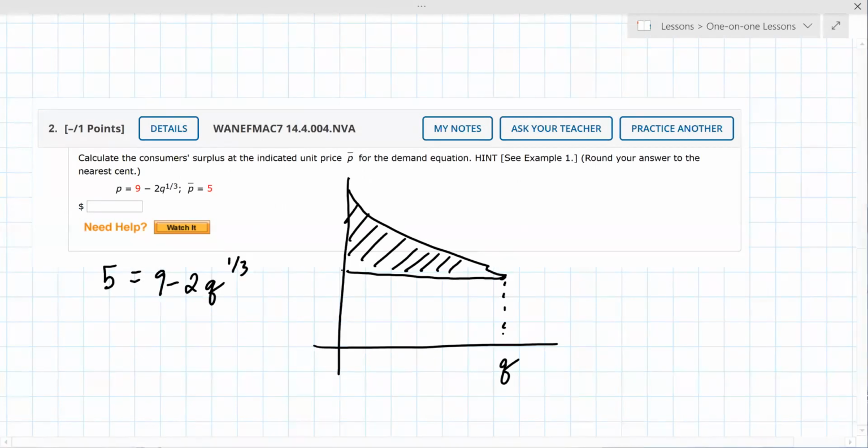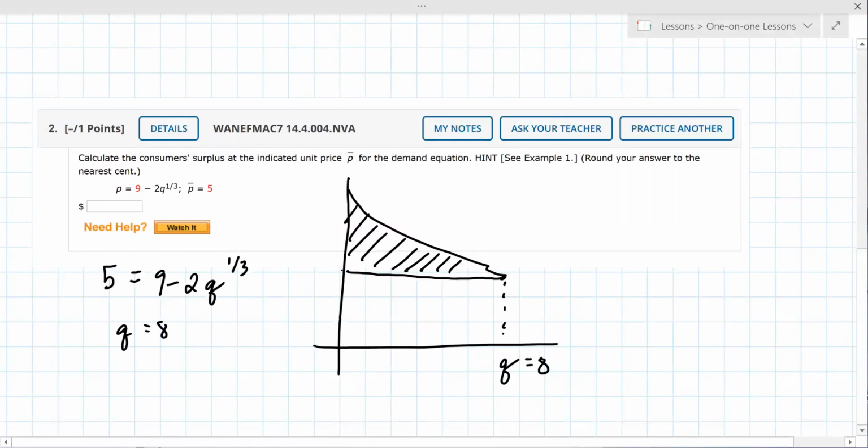And I almost always just graph these to get that answer. And finding the intersection, the intersection point ends up being at 8. Q equals 8. So that's this point right here.